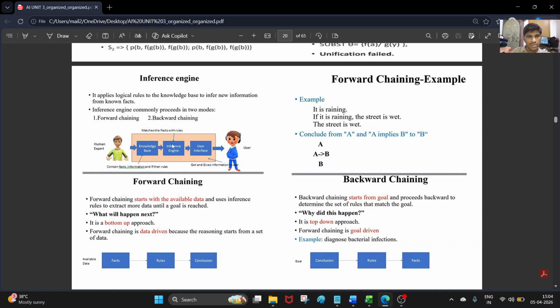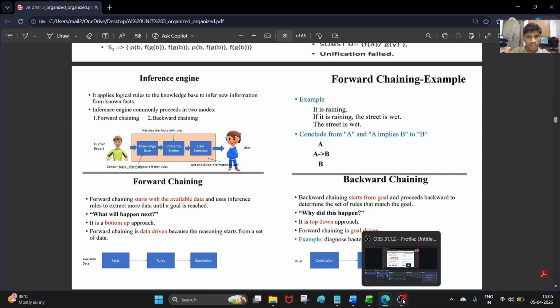From this knowledge base, the inference engine matches the rules with the facts, and then the user gets the information from the inference engine. It applies logical rules to the knowledge base to infer new information from the known facts. Inference engines commonly proceed in two modes. What are the two modes?